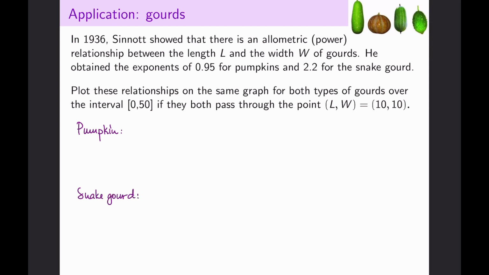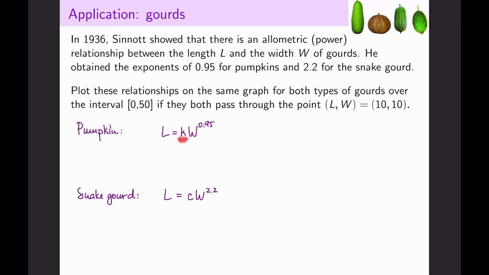For the formulas, we know that there is a proportionality relationship between the length and the width. So the length is equal to some kind of proportionality constant times the width, and the width isn't just itself, rather the exponent is 0.95 for pumpkins, and the exponent is 2.2 for the snake gourd.